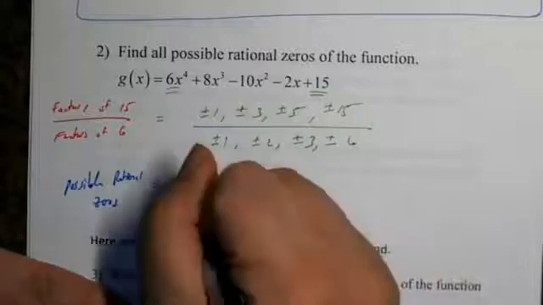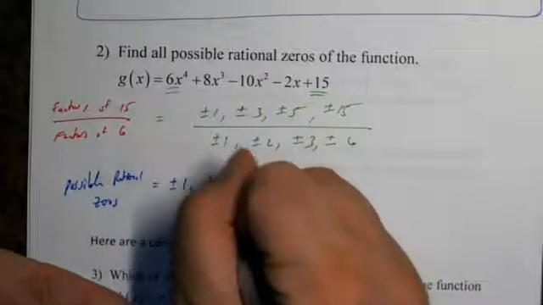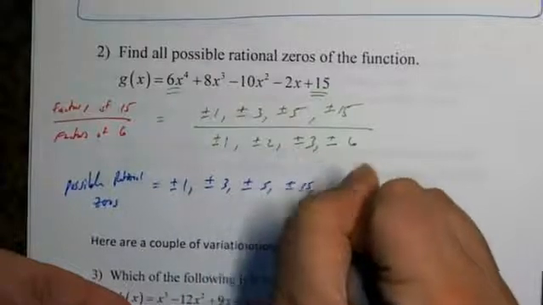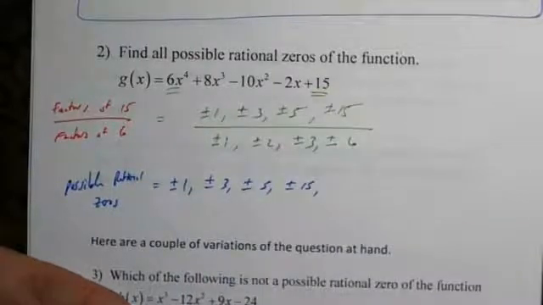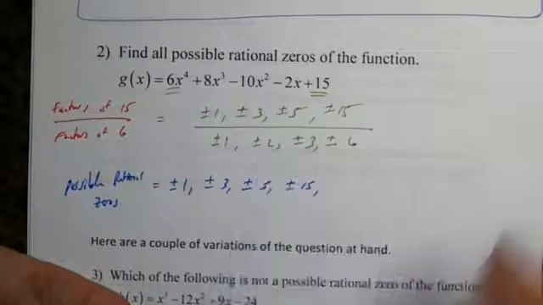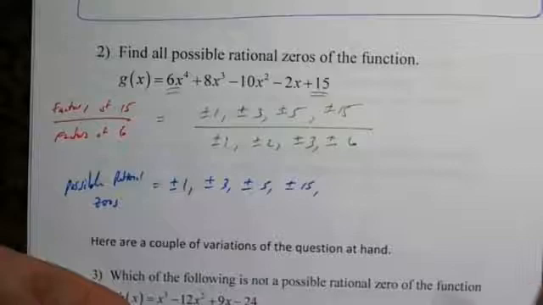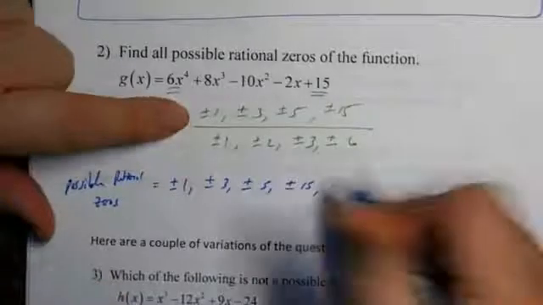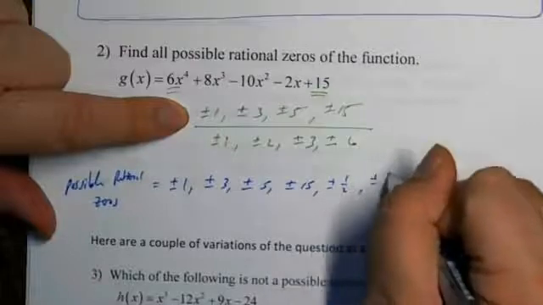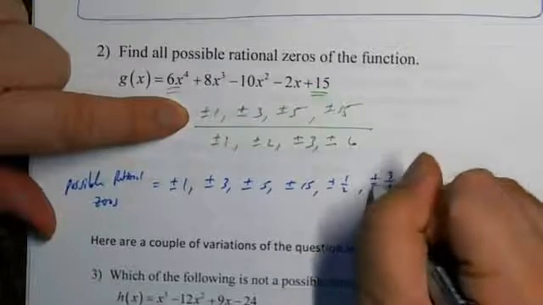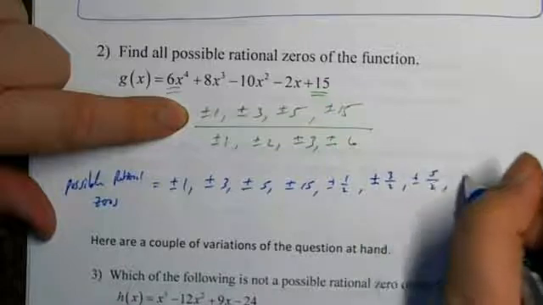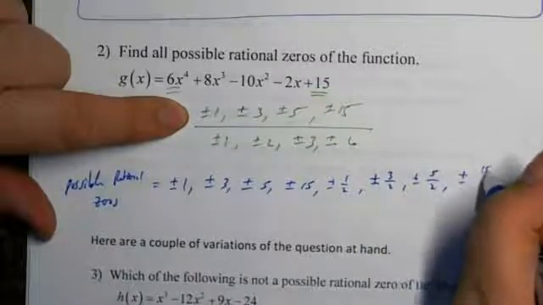So plus or minus 1, plus or minus 3, plus or minus 5, plus or minus 15. Now we take all 4 of these over 2. If anything repeats, you don't need to write it again. Okay, plus or minus 1/2, plus or minus 3/2, plus or minus 5/2, plus or minus 15/2.